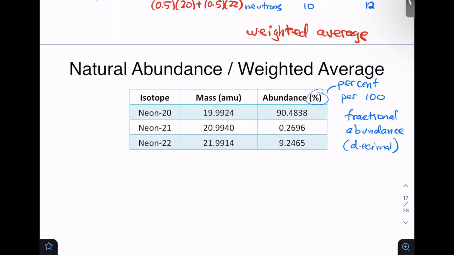But then the math, it's going to look complicated, but it's no more difficult than simply taking your weighted average, which is where we take the sum of the masses and multiply that by the fractional abundance.